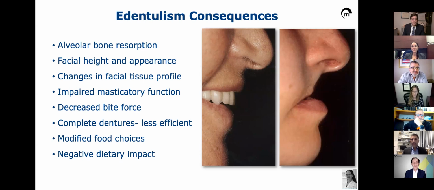Our patients want to be able to do that. And knowing that with complete dentures, they're very much less efficient, they modify their food choices. It's going to have a negative dietary impact because we all know that soft foods are not the most nutritious for our patients. And that's what we have to think about when we're talking to our edentulous patients.